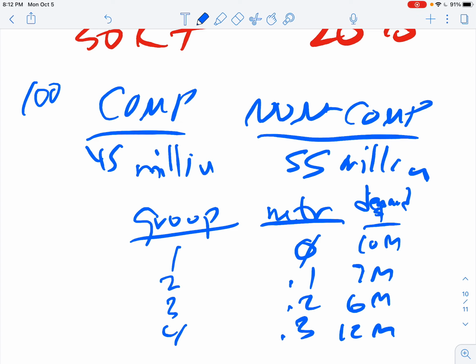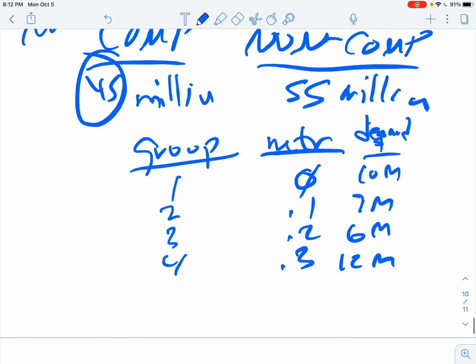Because, for example, in this case, the government has 55 million coming that will be lent to it by non-competitive bidders, and it therefore needs 45 million, so it's somehow got to go into this and see what interest is for competitive bidders. Maybe there's a group 5 with a marginal tax rate of 40% that wants 30 million.